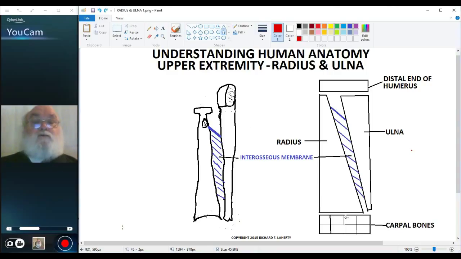If there is a force generated through the wrist and hands, and we'll draw an arrow to indicate that force. I drew the arrow in red. A force coming through the carpal bones from the hand has to be transmitted to the radius, because the radius is the only bone that articulates with the carpal bones.